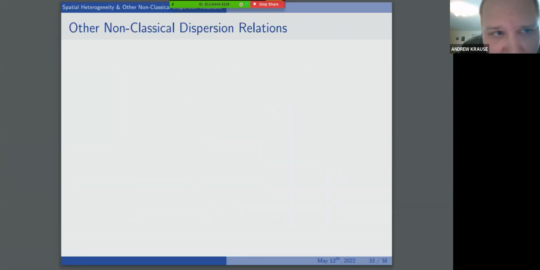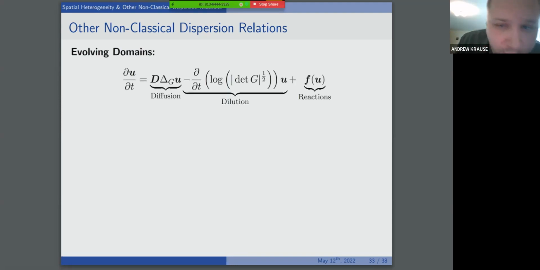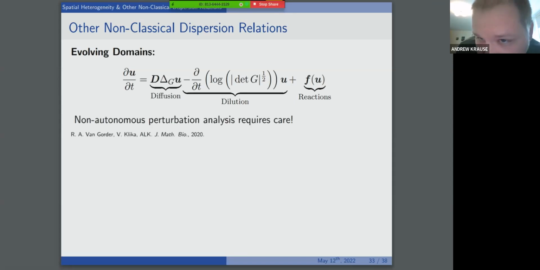Two other examples of these sort of non-classical dispersion relations. Here by dispersion relation, I mean spatial modes which grow, or you expect a pattern of a certain wavelength. We've looked at growing domains, as I said, and there are some details, but roughly speaking, you can get out something like those algebraic conditions, although they depend now on time, and so there's some analysis you have to do to understand them.